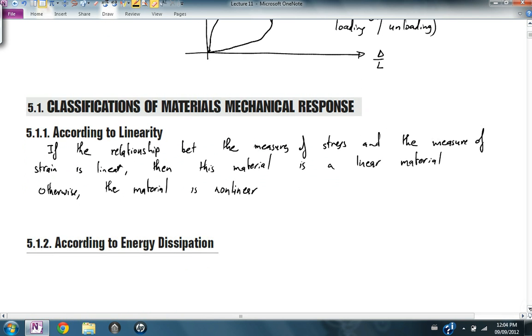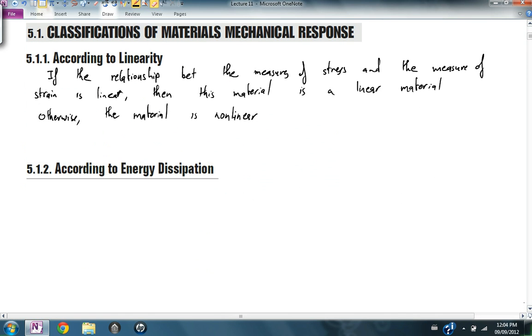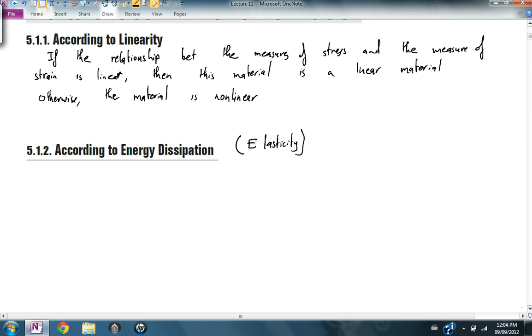Now, elasticity is different from linearity. Elasticity has to do with the energy dissipation. So, a material is elastic if it does not dissipate energy during loading and unloading. What does this mean?